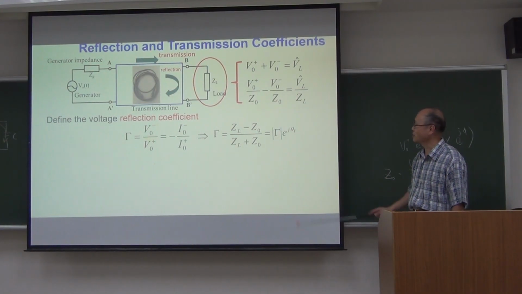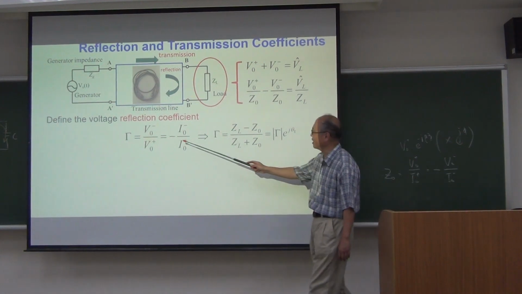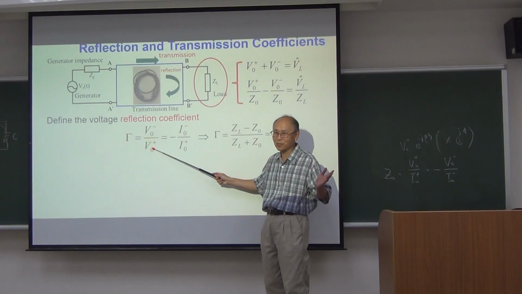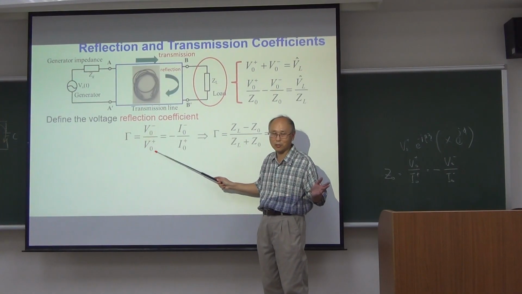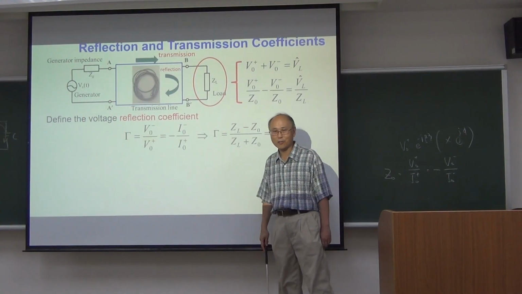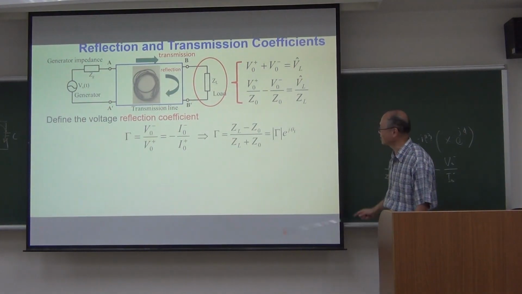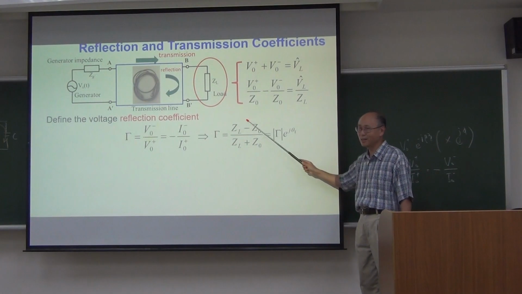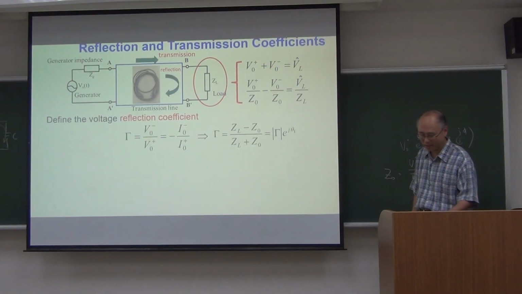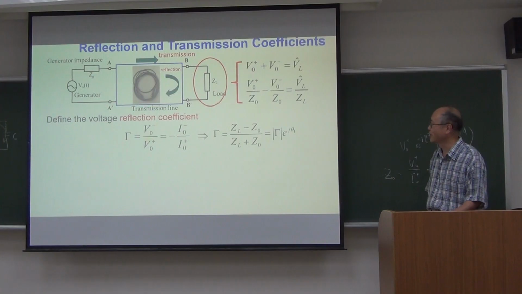This reflection phase tells you that the reflected signal is, say, 45 degrees out of phase with respect to the incident signal, or 90 degrees out of phase, however it is, depending on this calculation. Of course, this has to be less than 1.